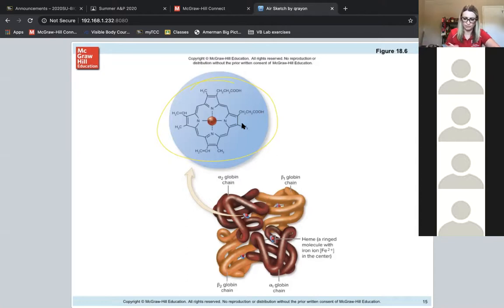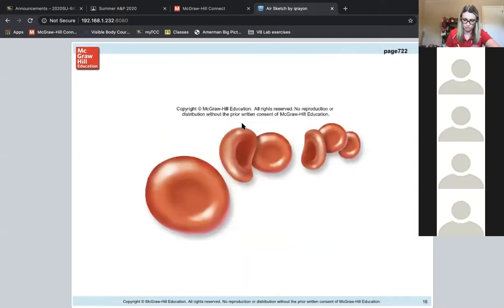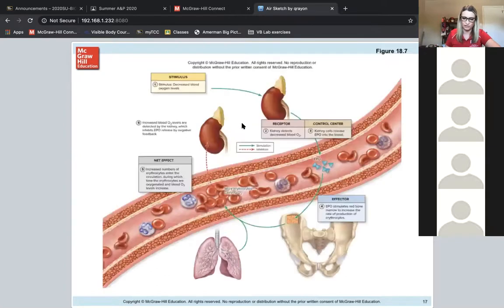What else about hemoglobin and erythrocytes? Here is a picture of erythrocytes. They look like a squished incomplete donut, fairly narrow on the inside. This figure shows us the release of erythropoietin.